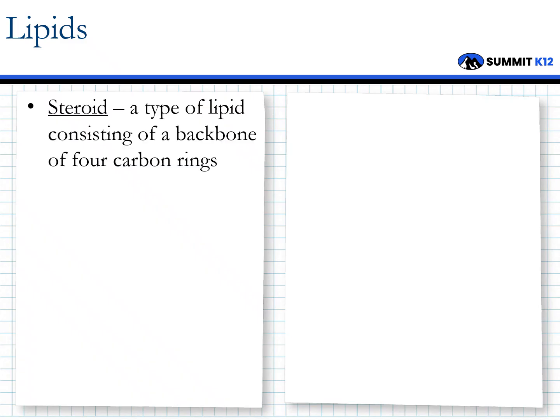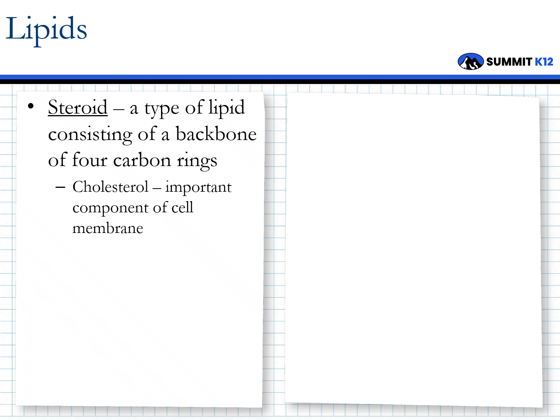So our last type of lipid that we are going to talk about is our steroids. It's a type of lipid that consists of a 4-carbon ring backbone. And these are really important because they help maintain structure. So cholesterol is an important component of a cell membrane because it adds rigidity to the cell wall.